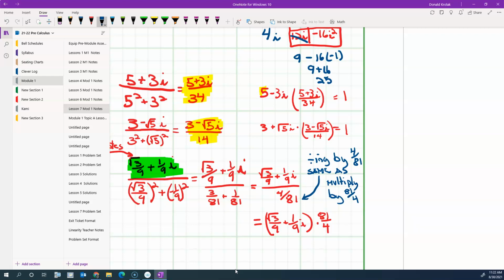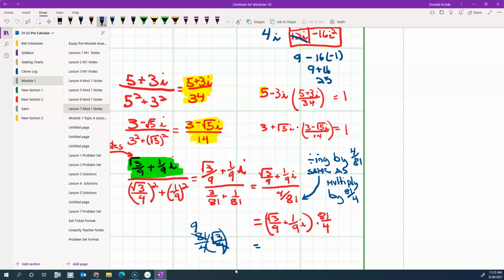Dividing by a fraction is the same as multiplying by its reciprocal. Now you just distribute that. So when I multiply 81 over 4 times this, the 81 and the 9s are going to cancel, so I've got this times root 3.